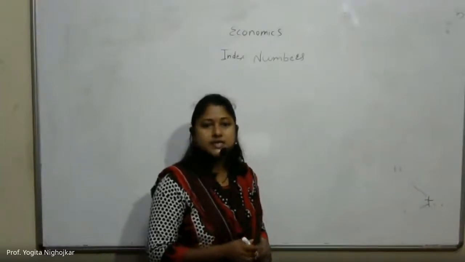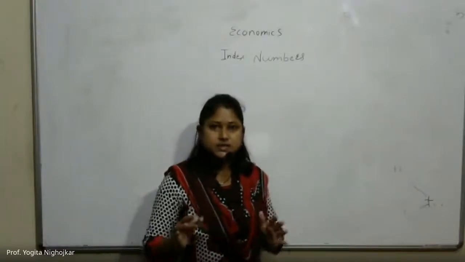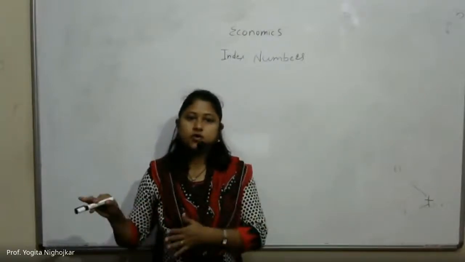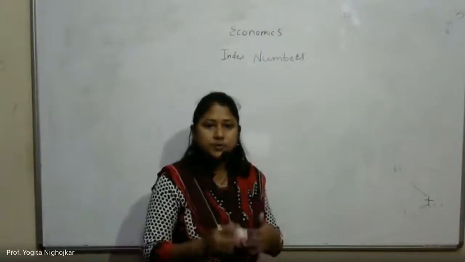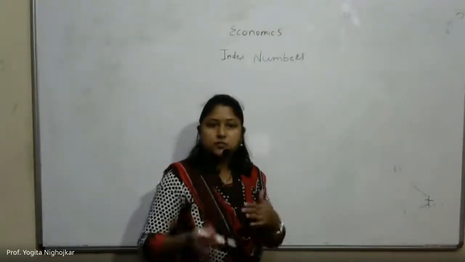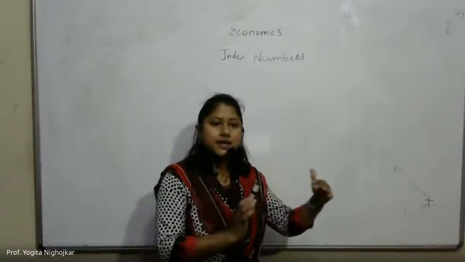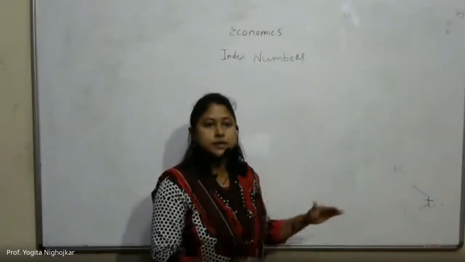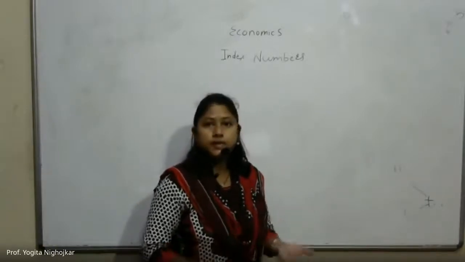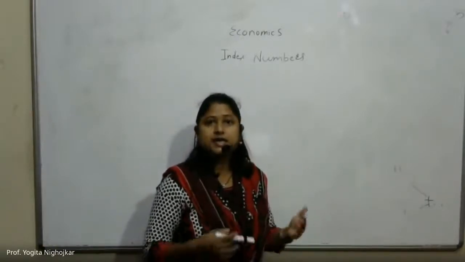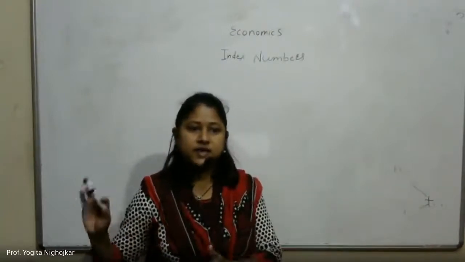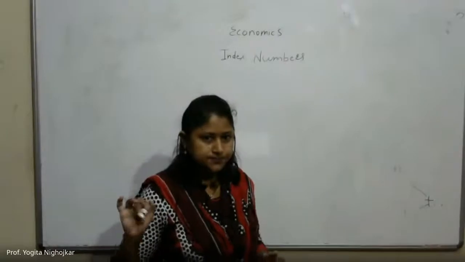An index number is a device to measure changes in an economic variable over a period of time. What are the economic variables? An economic variable is any measurement that helps to determine how an economy functions. For example, population, poverty rate, age rate, birth rate, those are economic variables.